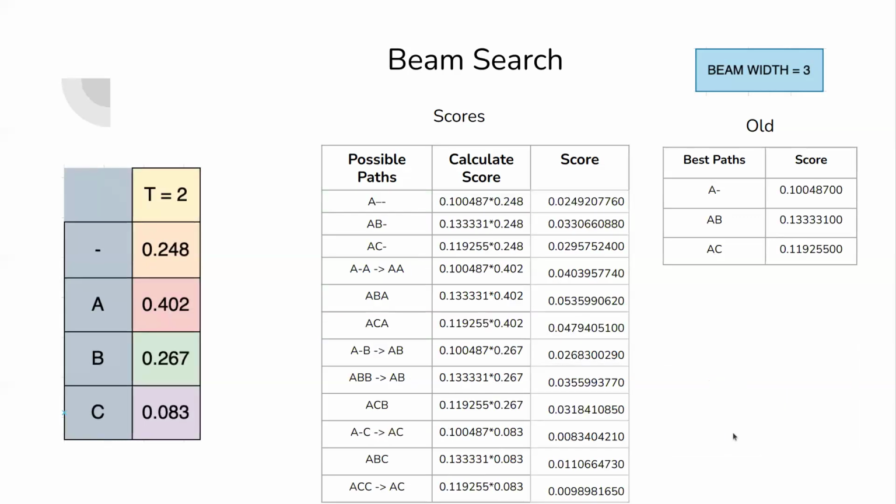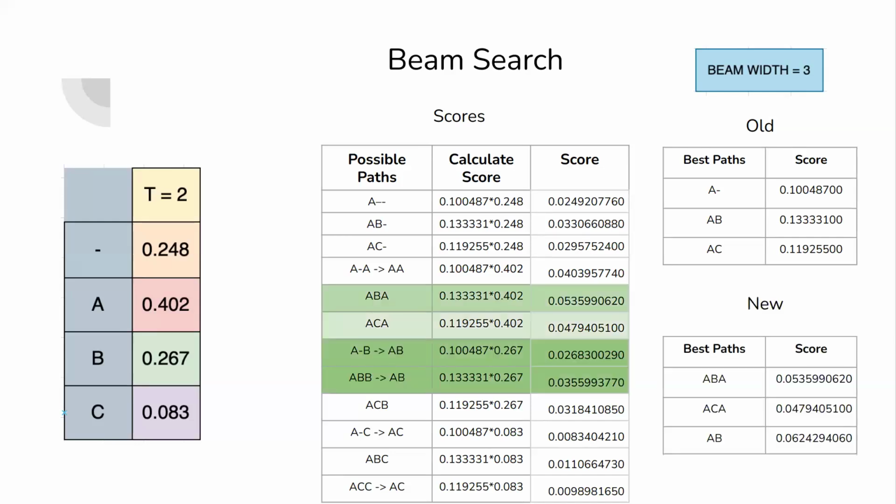So we'll continue this process over and over, for t equal to 2, for the whole length of our sequence, and we would get a new path. And remember, at any time we're choosing the top 3, or the top k, which corresponds to your beam width.